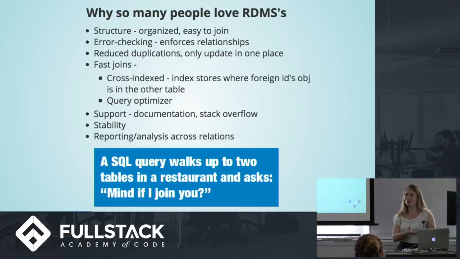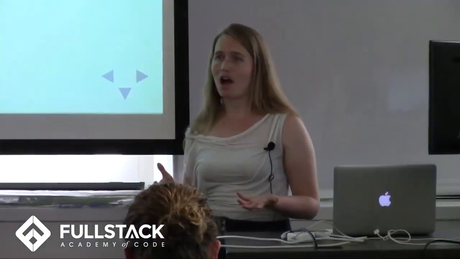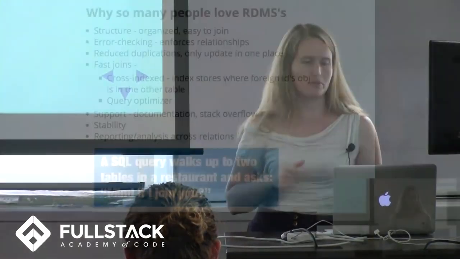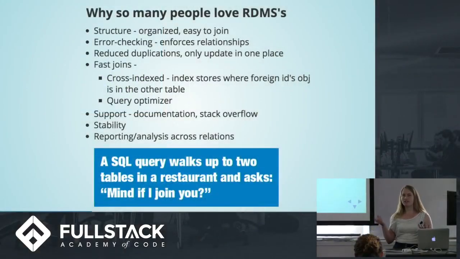Mongoose also supports this. So it's obviously not only relational databases that do this, but they do it very well. You end up with reduced duplication. If you have join tables instead of embedding your data into a document, you only have to store it in one place. So the different rows can use the same value across tables without having to put it into each one.